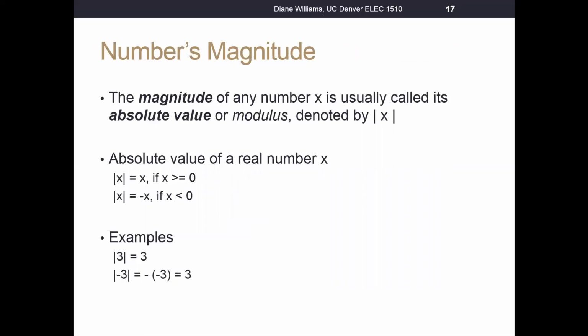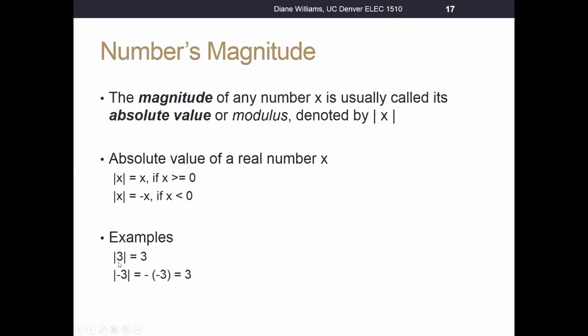So let me remind you that the magnitude of any number is usually called its absolute value or modulus. And we denote that mathematically with 2 vertical bars on either side of x. So this says the absolute value of x is equal to x if x is greater than or equal to 0. The absolute value of x is equal to negative x if x is less than 0. And here's a couple of examples.